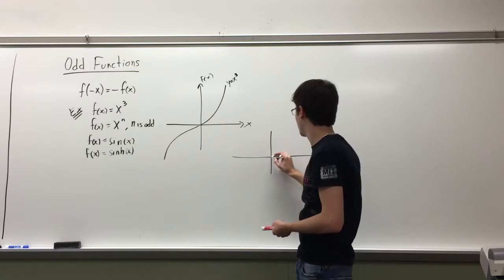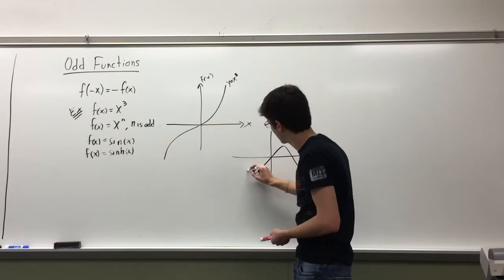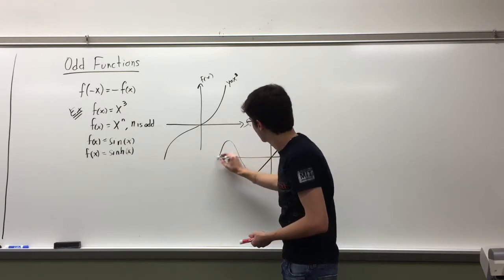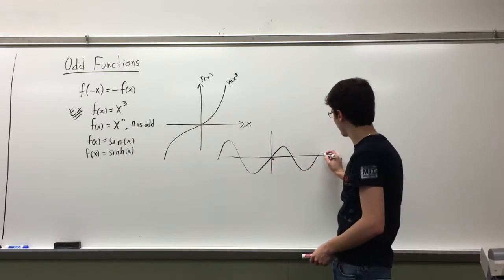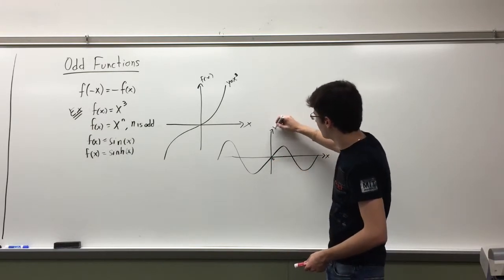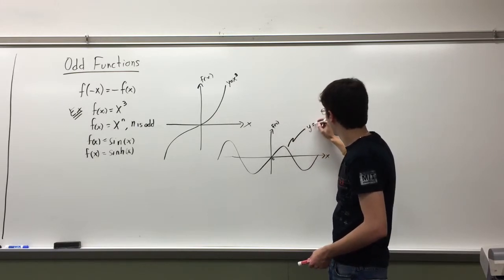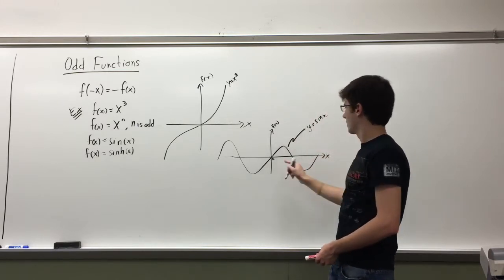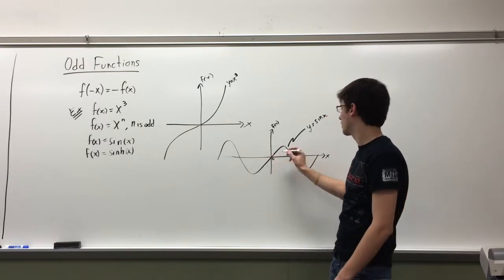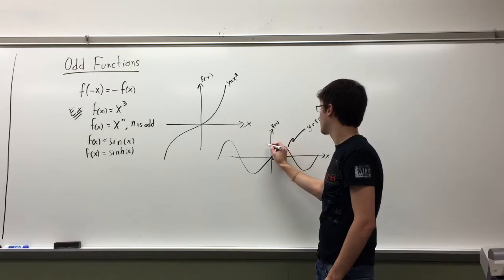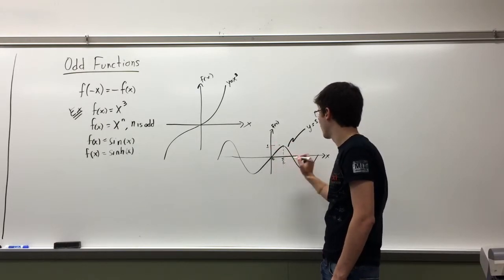the sine function that looks something like this. So you see that the sine function has a point here at the origin, and it has its maximum value of 1 at pi over 2.